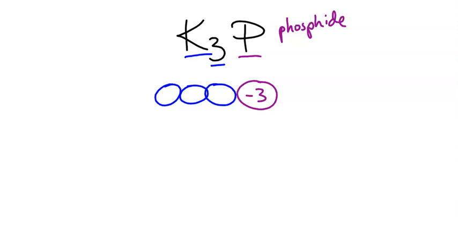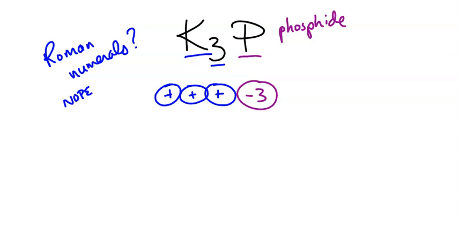Now, potassium has lost its 1 electron, so it's going to take 3 of those guys. All right. Roman numerals. More than one charge? Nope. So, just potassium phosphide.